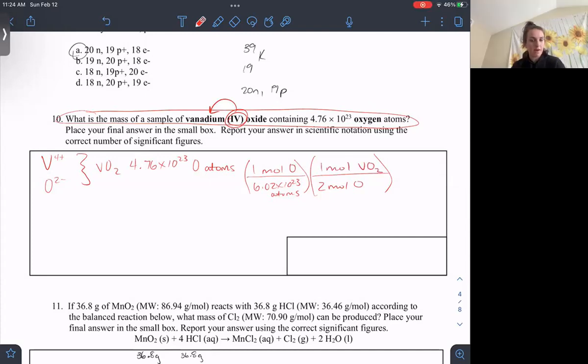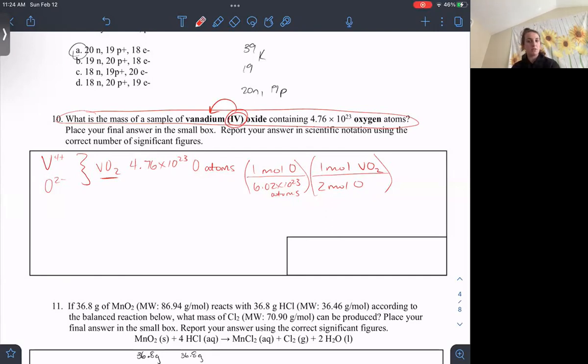Does that make sense how we found that mole ratio? From VO2, 1 mole contains 2 moles of oxygen. So we're just going backwards. Usually you would say, okay, we have this many moles of the compound, we have this many moles of oxygen. This time we're just going from oxygen to the big compound.